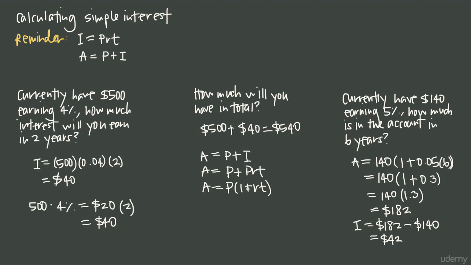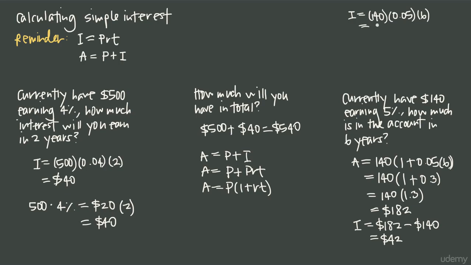Now remember, we plugged directly into this formula for A, but we could have done the math just like we did in this first problem using the interest formula instead. So instead, we could have said interest is equal to the principal amount, 140, times the rate, which we know is 0.05, times the time, which is 6 years.